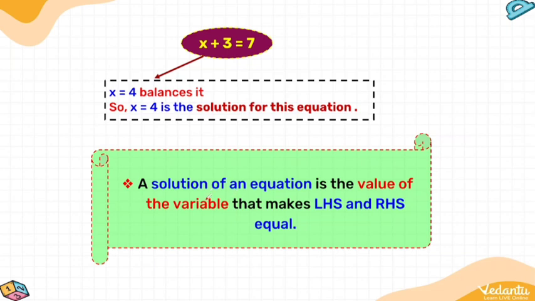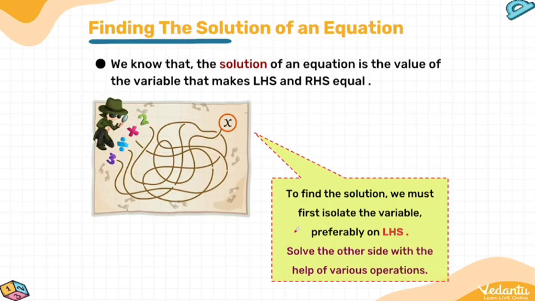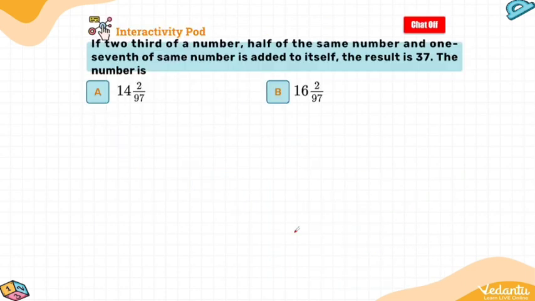So here we can say the solution of an equation is the value of the variable that makes LHS equal to RHS. That is left hand side equal to right hand side. So we know that the solution of an equation is the value of the variable that makes LHS and RHS are equal.